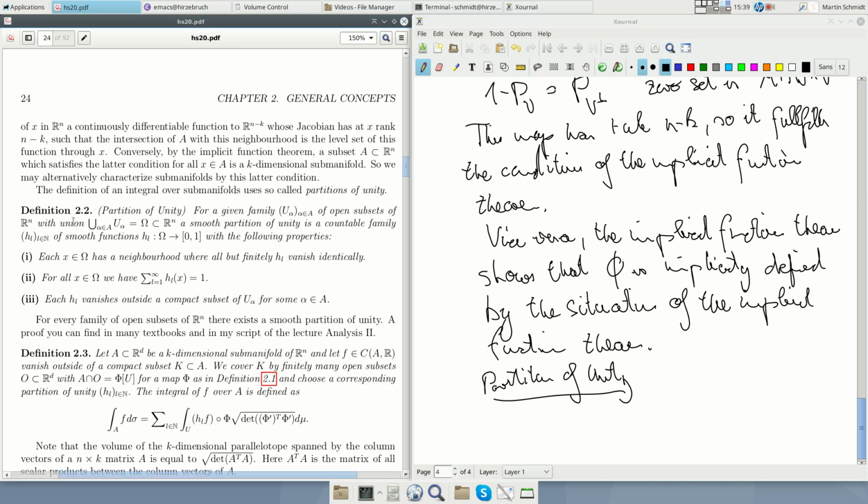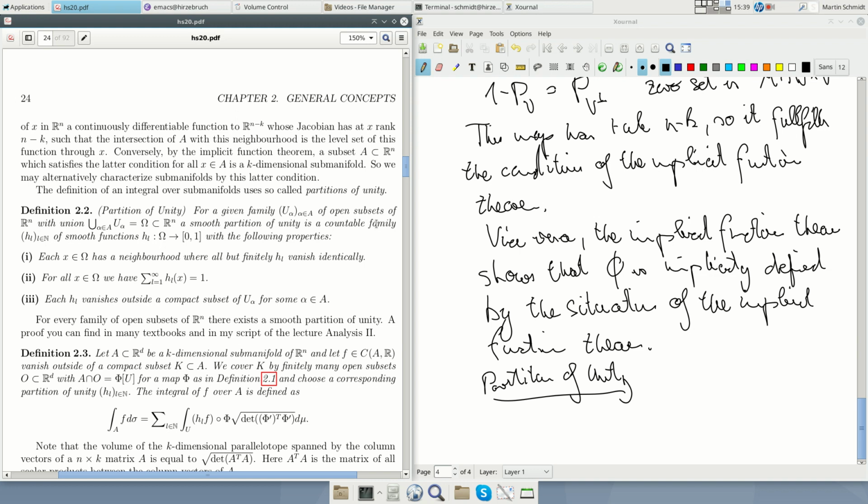Okay, here is the definition. We have a family of open subsets of R^n, and the union we just call omega. So omega is covered; we have an arbitrary open covering of omega. And then for this data, we define a smooth partition of unity.